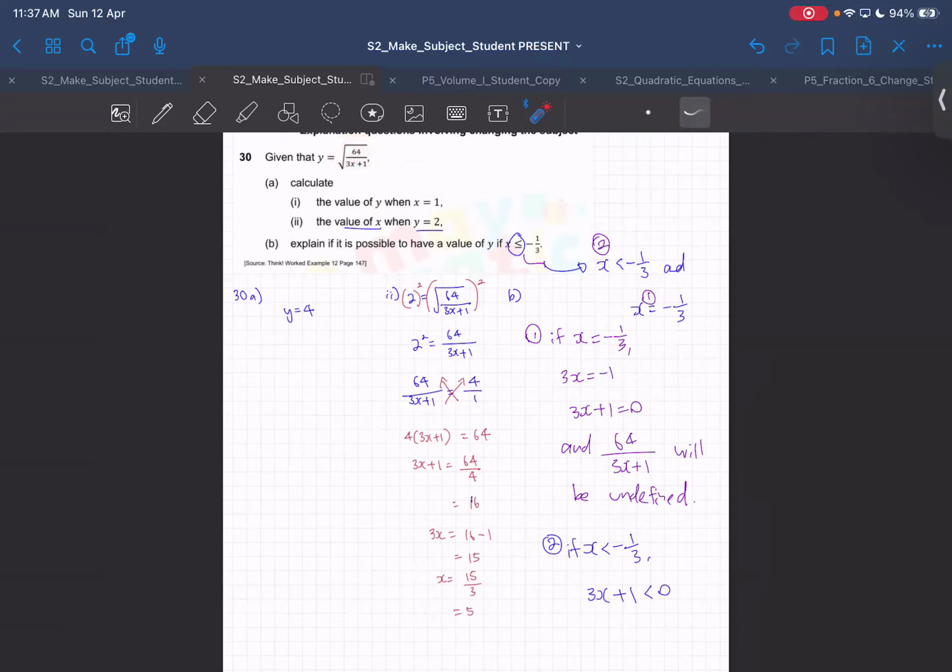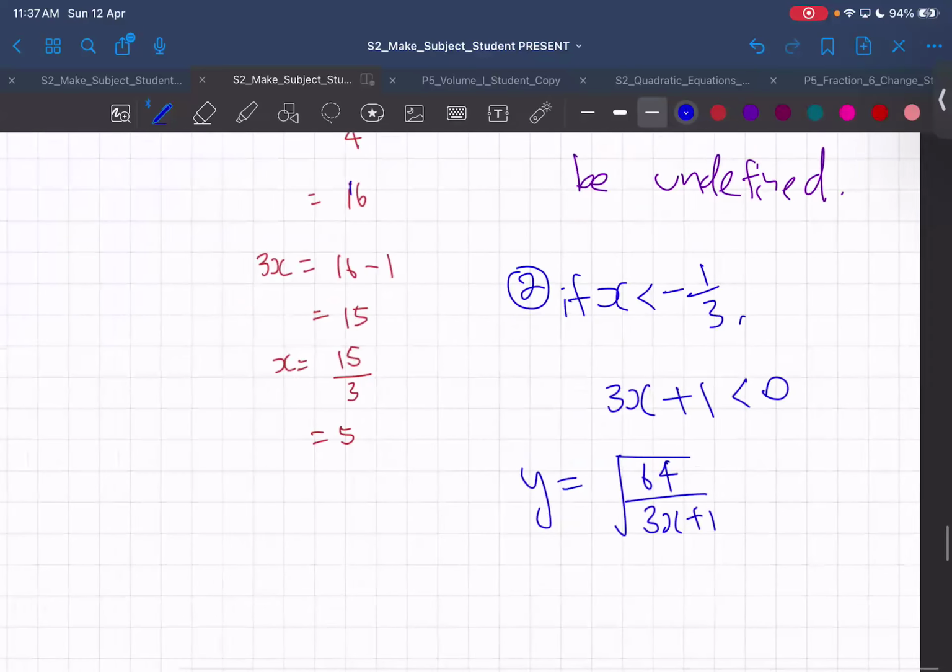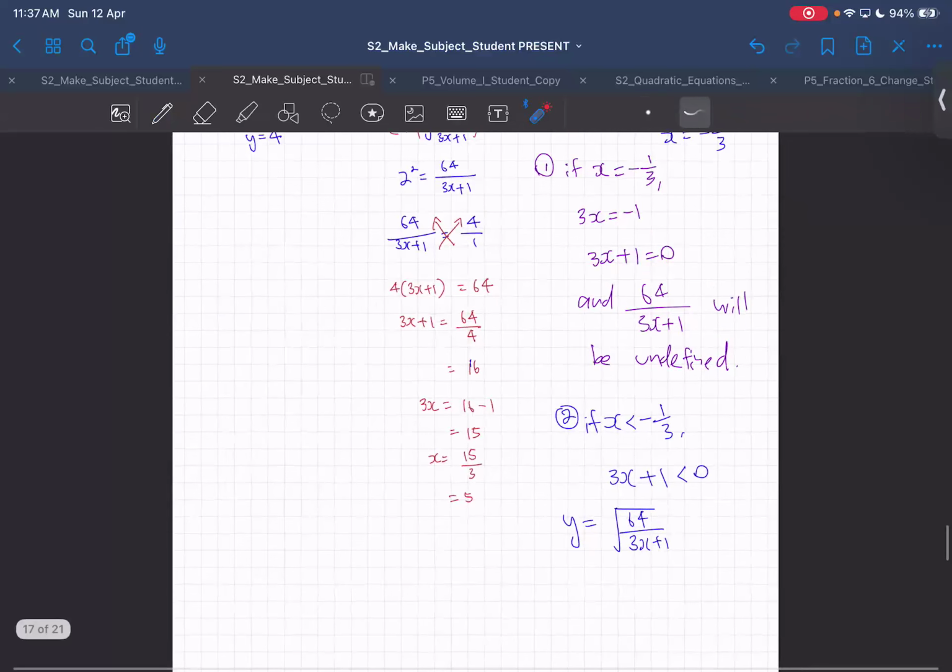Okay, wait, I write down the thing first. Anyways, now look at case 2. If my 3x plus 1 is less than 0, less than 0 is negative, right? Same thing.